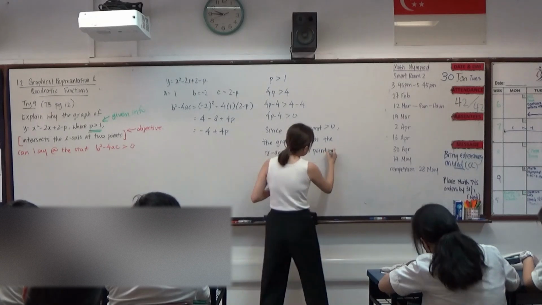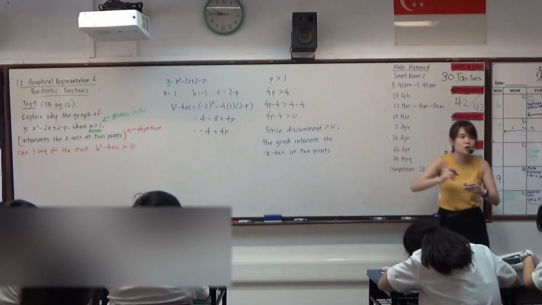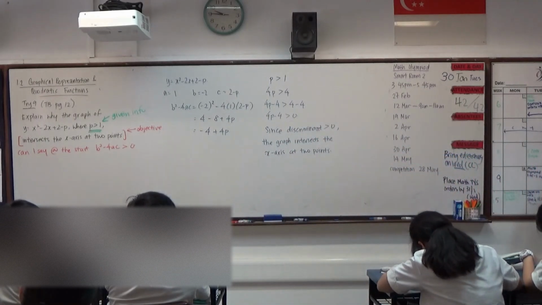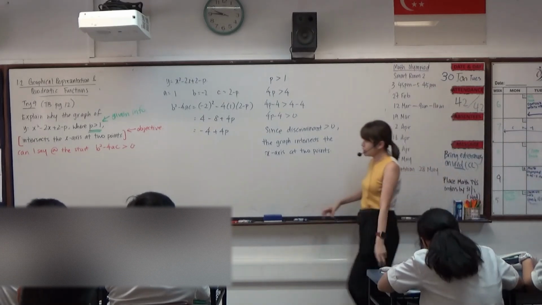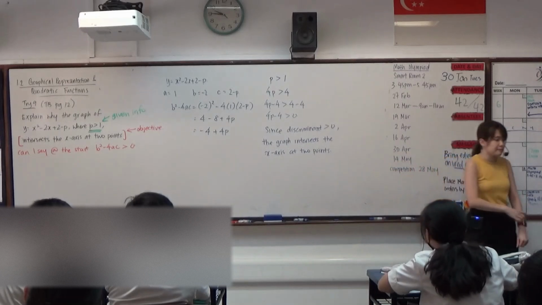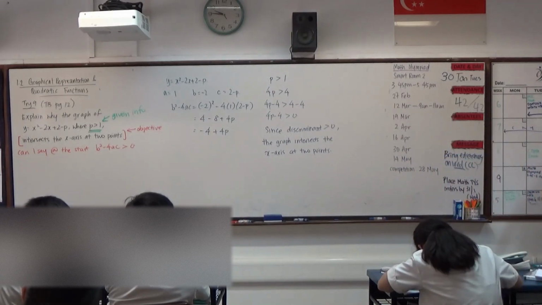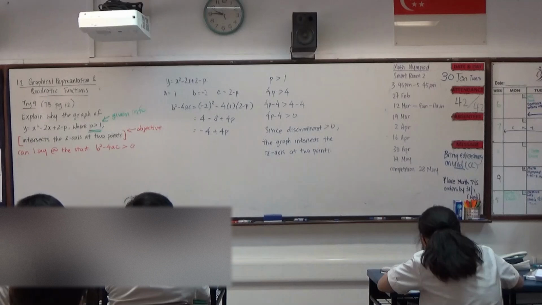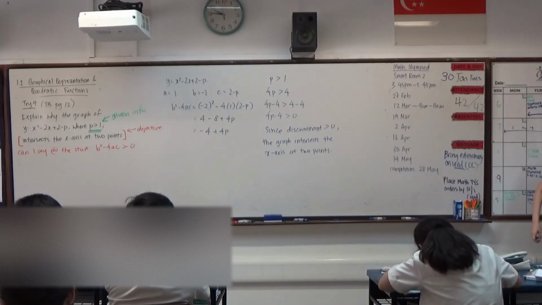So for our concluding statement itself, we can always follow the same phrasing as our given question. But you need to have the concluding statement. Yeah, we can use it.